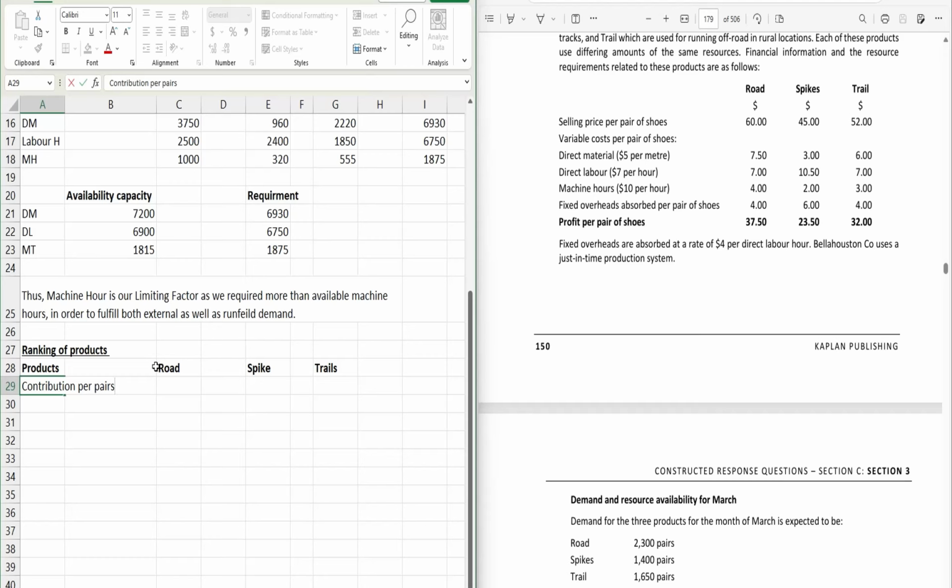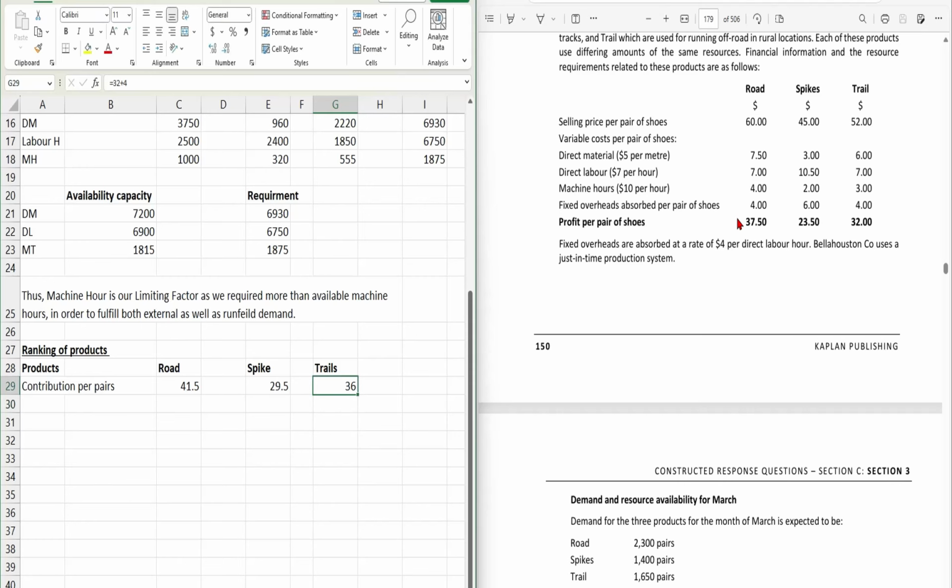If we talk about it normally, here we are earning 37.5 plus 4. I am simply adding the fixed cost to the profit. This will give us the contribution, or you can take the selling price and deduct all the variable costs. They both are the same. Similarly for spike 23.5 plus 6, and for trails we have 32 plus 4.